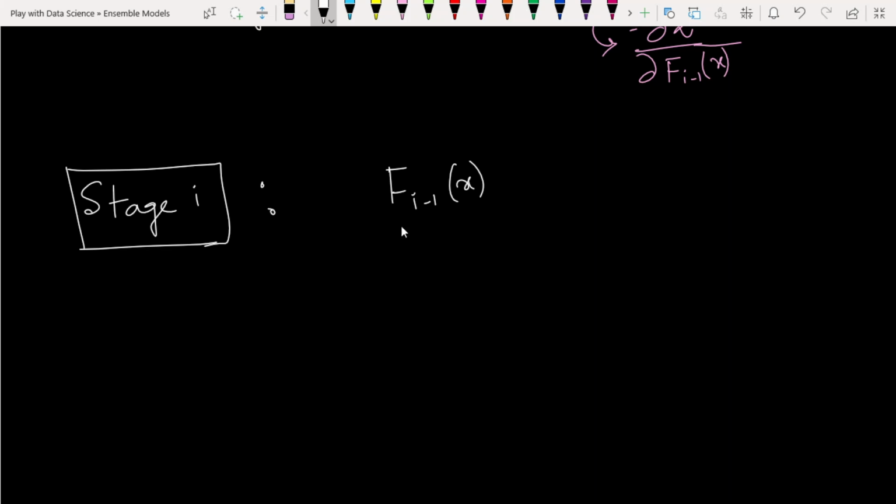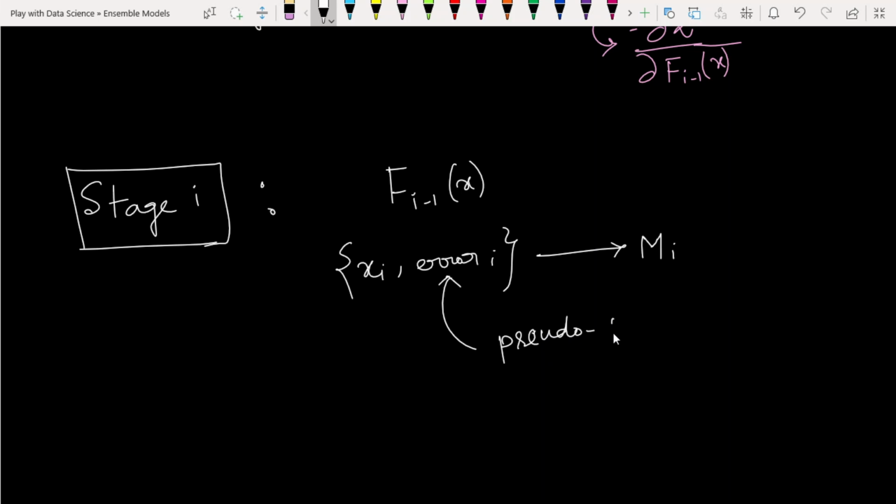To enter stage i we have the model f_{i-1}(x), and also some data x_i with the residual error. Using this data we build the model m_i. This residual error is a pseudo residual error.